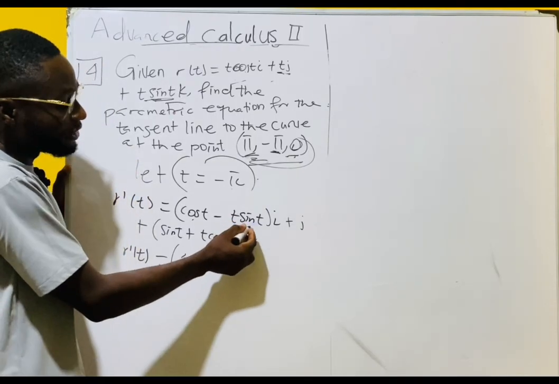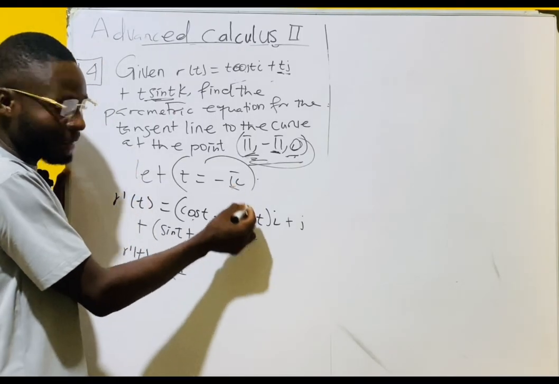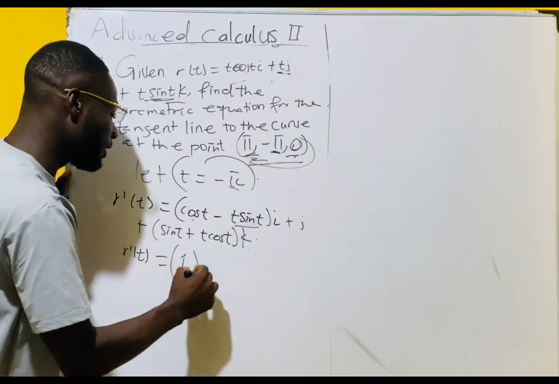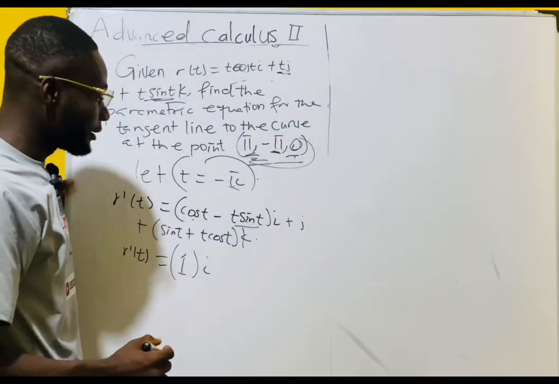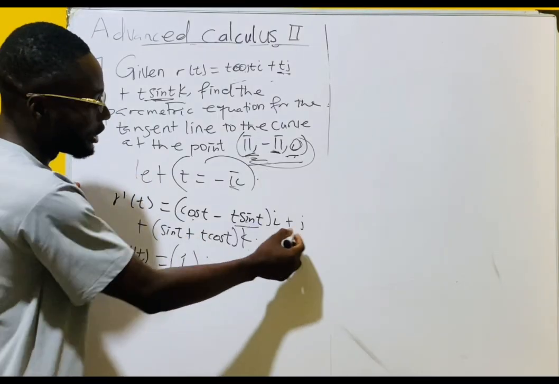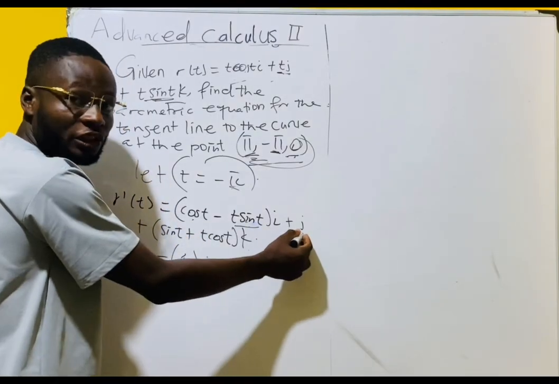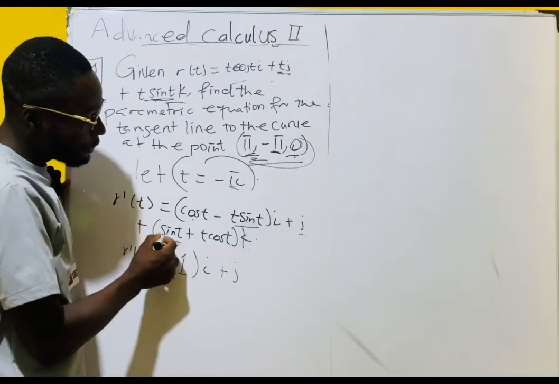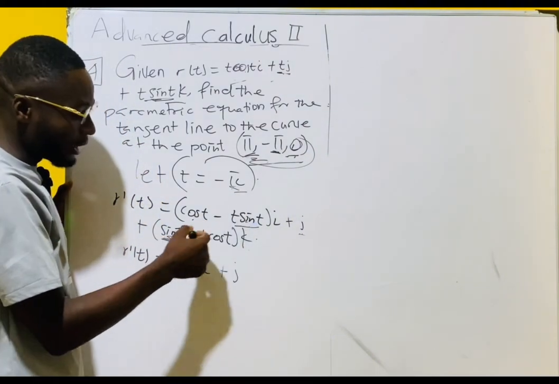We know that when you substitute pi into sine, we're going to have 0. So this part goes off, so we have only 1i. Then we come to the j portion. We know that there is only j, so plus j. When we substitute negative pi into sine, you know that is 0.